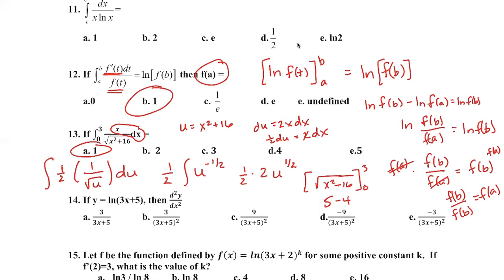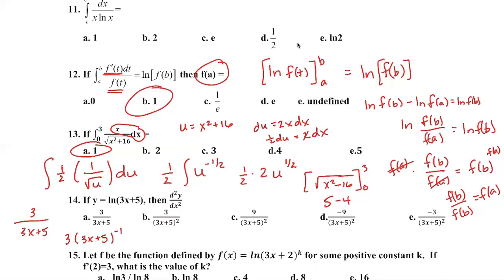Can we do 14? So really what 14 is asking for is the second derivative. If we take the derivative of ln, remember it's the derivative on the top and the function on the bottom. The derivative of 3x plus 5 is just 3. So then we want the second derivative. What I would do with that is move this to the top.